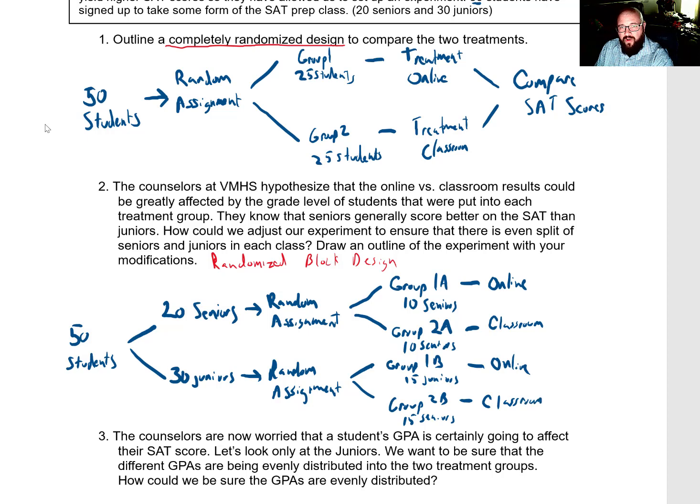Okay, and then we're going to want to bring all this data together and compare, right? But you need to make sure to draw your lines to connect a comparison of online and classroom between each block that we did, and then we're going to bring that data all together to then compare SAT scores.